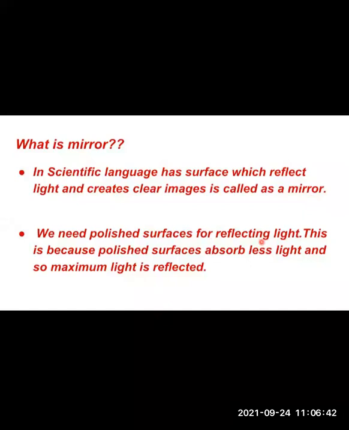The surface needs to be polished because a polished surface absorbs less light, so maximum light is reflected. This is the main purpose of using a mirror: maximum light is thrown back towards you. This is why you are able to see a clear image of yourself in the mirror.